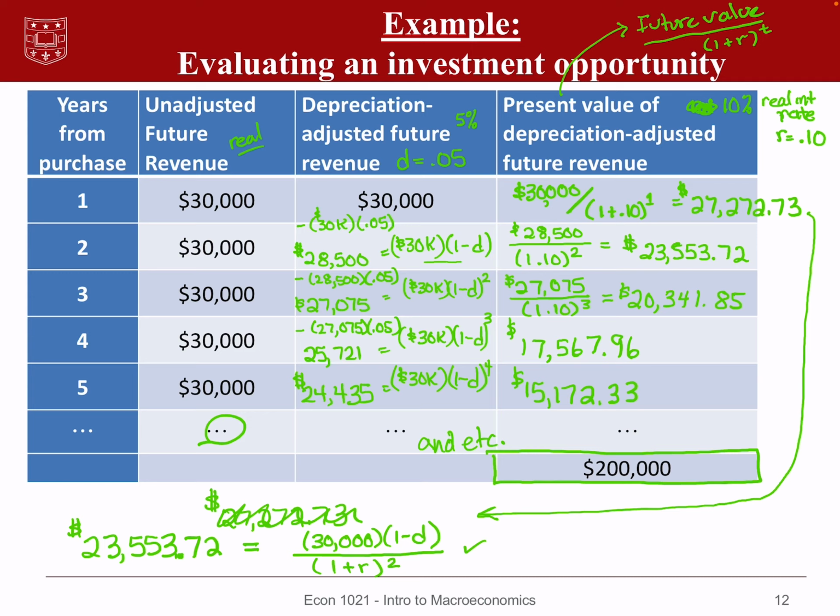But what I'm asserting is that if you add 27,272.73 plus 23,553.72 plus 20,341.85 and so forth, you would get $200,000 as today's value of having this piano in place in perpetuity when the interest rate is 10% and the depreciation rate is 5%.